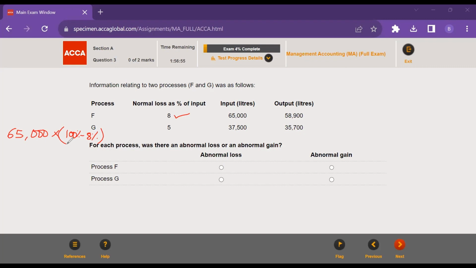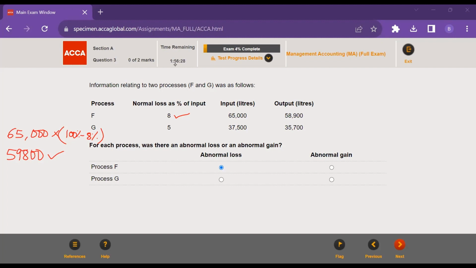So 65,000 multiplied by 92%. This gives me 59,800. So I should have obtained this much output, and the output that I have actually obtained over here is 58,900. So clearly my output is lesser than what it should have been. So that is why I can say that there's an abnormal loss in my process F.